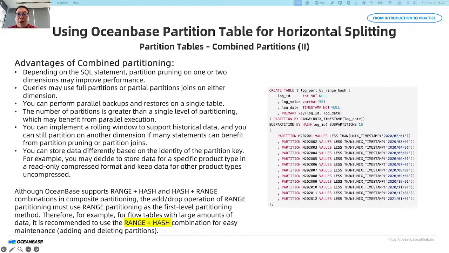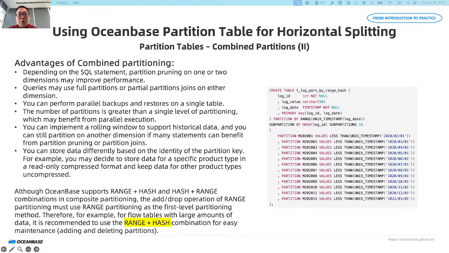You could have a question: what are the advantages of compound partitioning? The first one, depending on the SQL statement, partition pruning on 1 or 2 dimensions may improve performance. And the next one, queries may use full partitions or partial partitions joined on either dimensions.